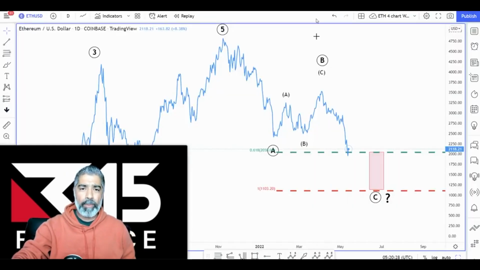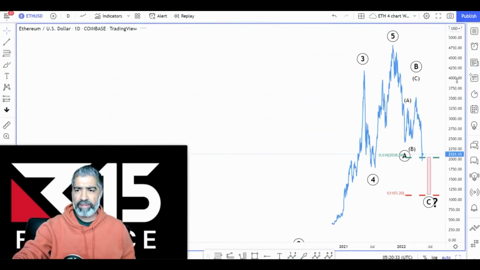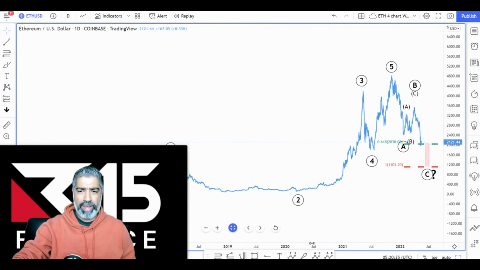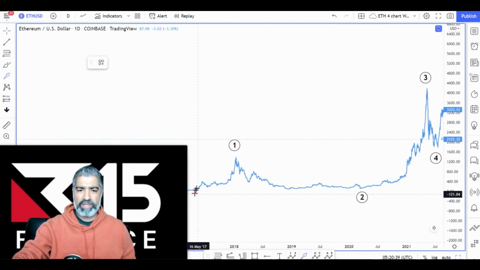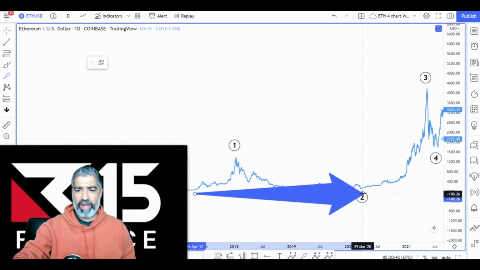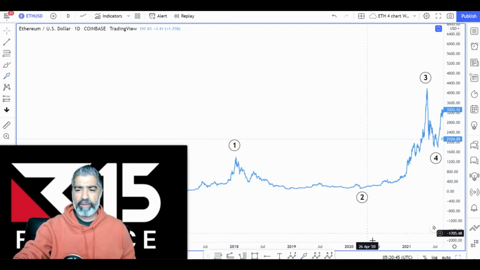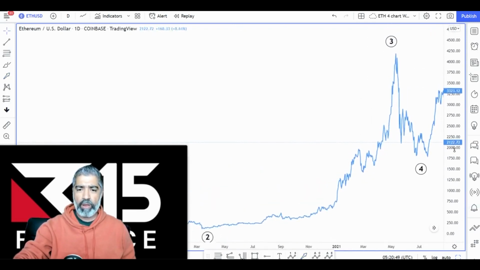So now let's go back to Ethereum. Let's zoom out for a second, and you don't need to get too anal about this, but we're talking about 2017. We got this nice move to the upside, hits $1,000 thereabouts, big correction, and then we've hit what looks like a wave 3.